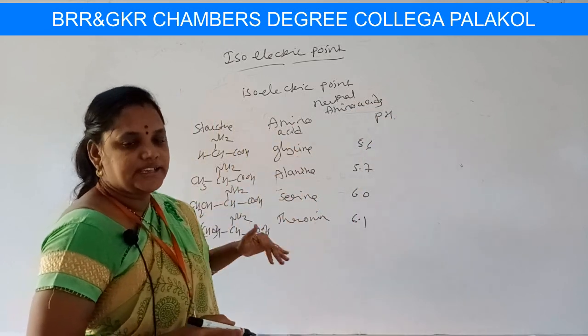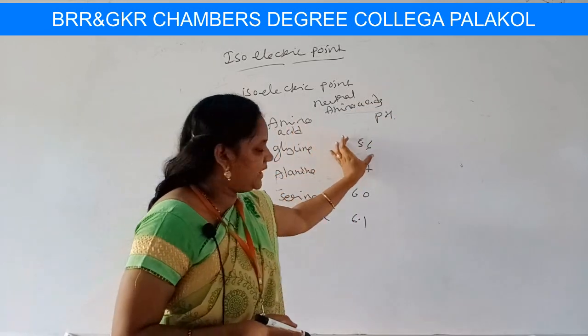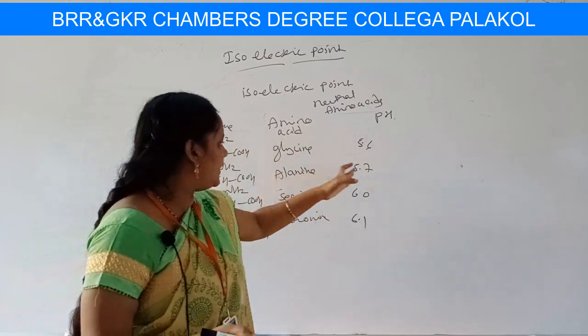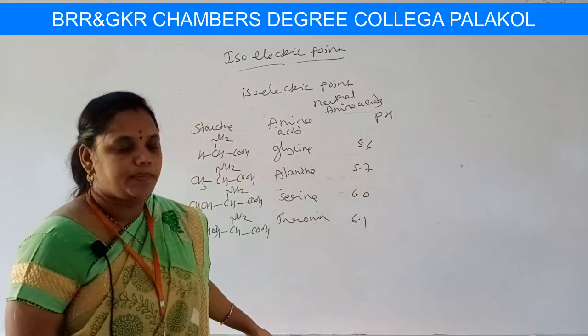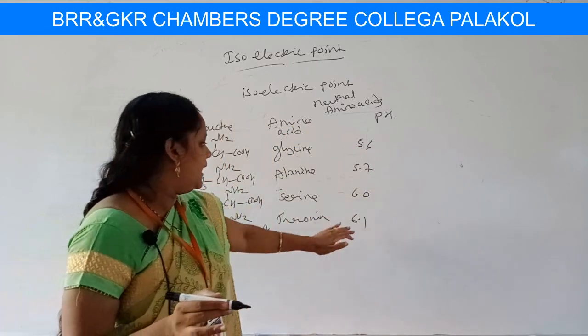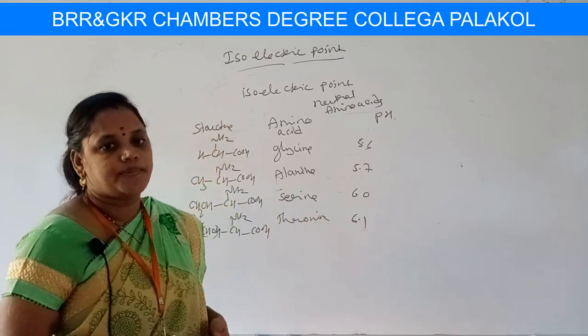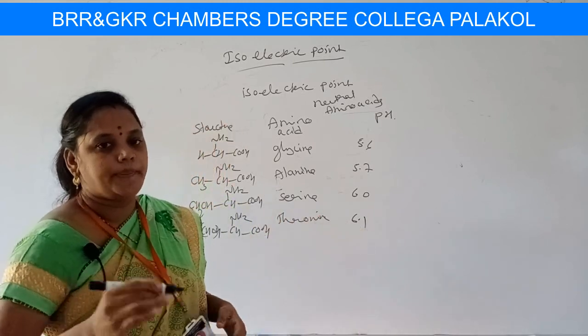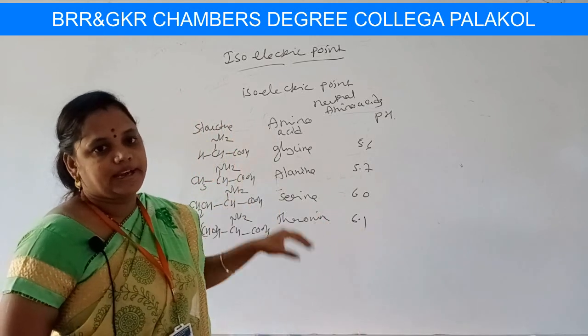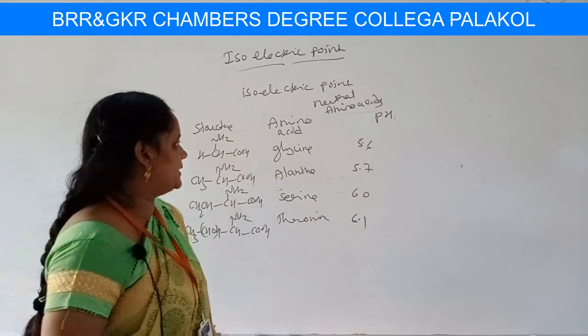At this pH, the glycine ions will no more migrate. At this pH, the alanine ions will not migrate. At this pH, the serine stops migration. At this pH, the threonine stops migration. So stopping of a migration at a particular pH is called the isoelectric point of that particular amino acid.